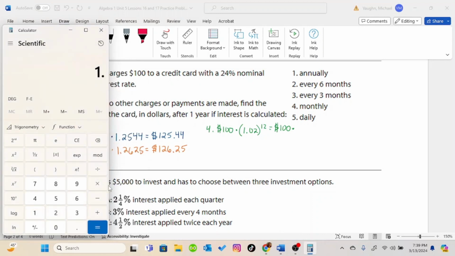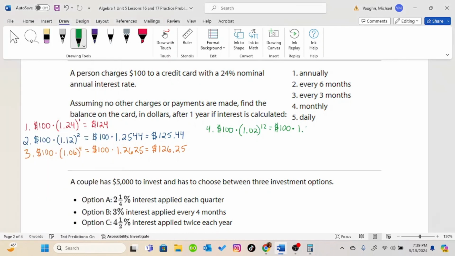And 1.02 to the power of 12 equals approximately 1.2682. So now when we multiply that by $100, we get $126.82.